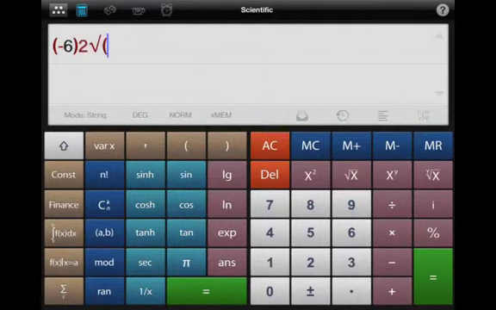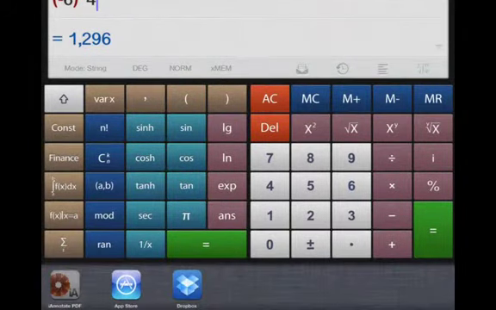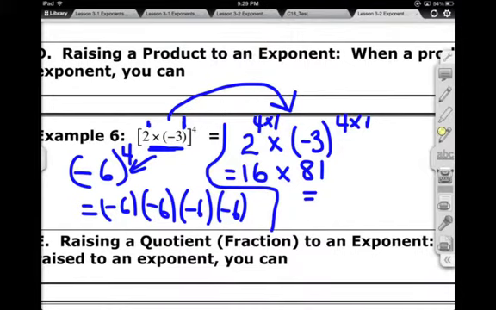It's a slightly different calculator than I normally use. There we go, to the 4th power. 1296. Okay, thanks for bearing with me.